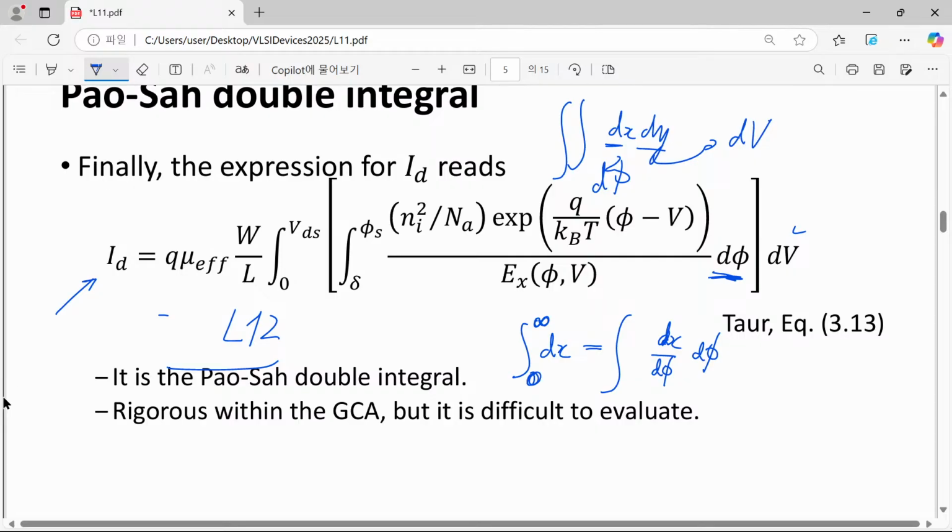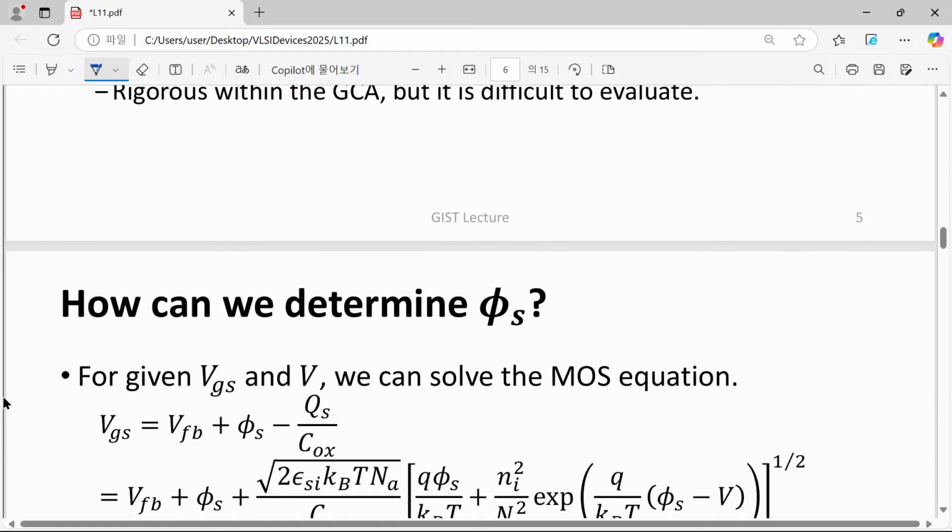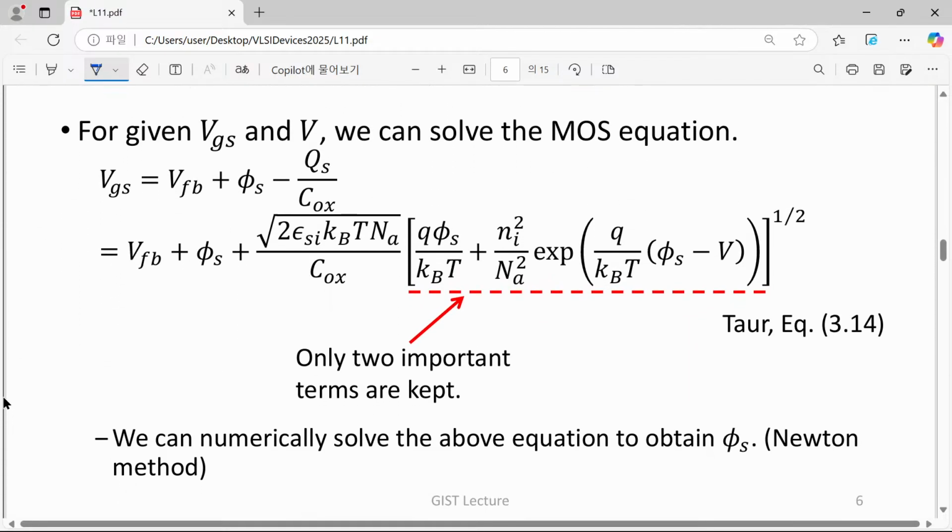Of course, if we go to infinity, then potential will be just 0. And if we go to position equal to 0, then what is the value of potential at the surface? That is called the surface potential. So in order to perform the Pausa integral, anyhow, we have to find out the surface potential. Then how can you calculate the surface potential? Yes, we already know how to calculate the surface potential.